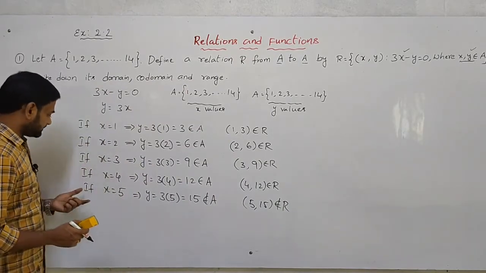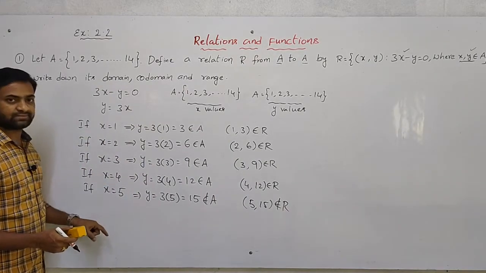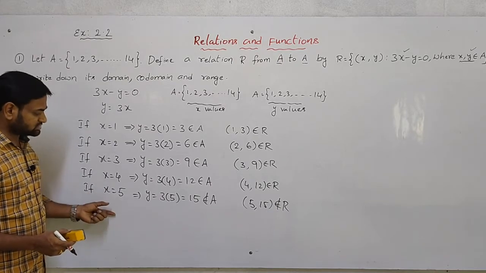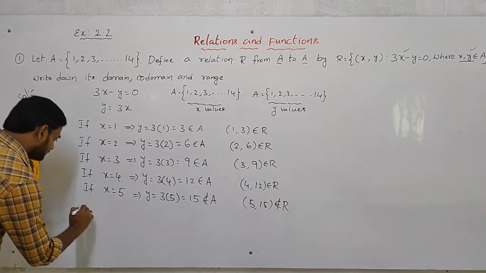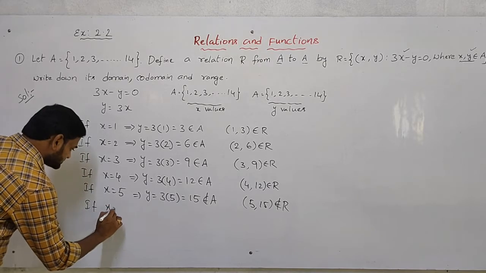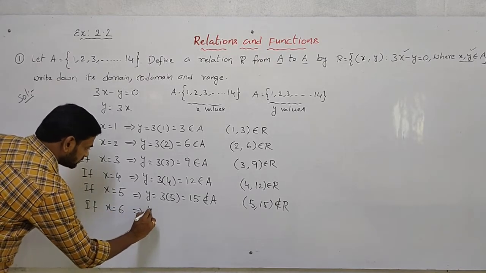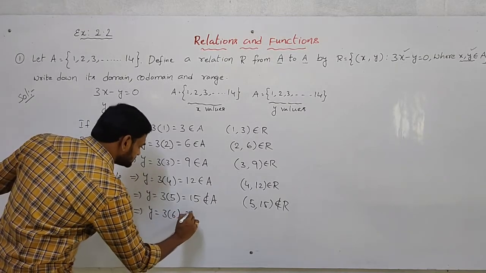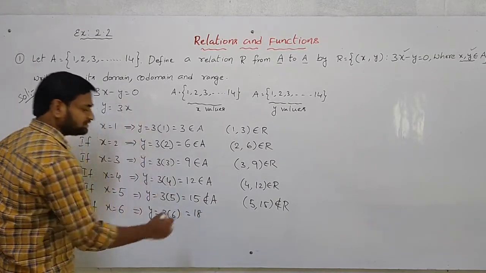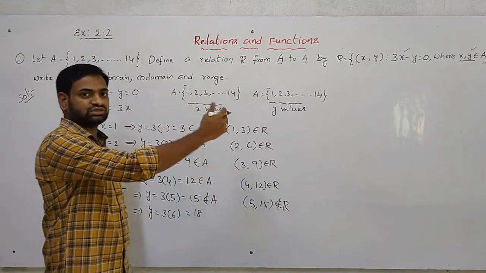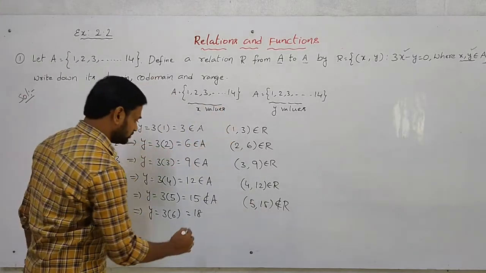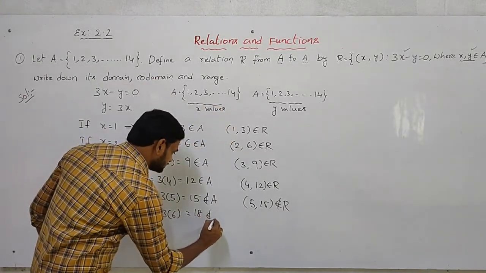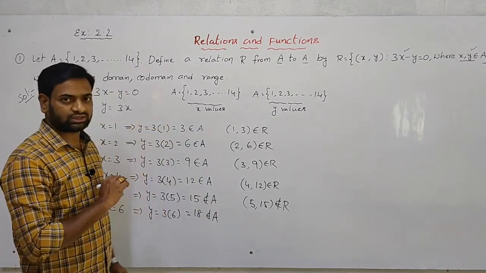Suppose we take x equal to 6. If x equals 6, y equals 3 into 6, it is 18. Again this 18 is also out of the set. So 18 is not in the set.